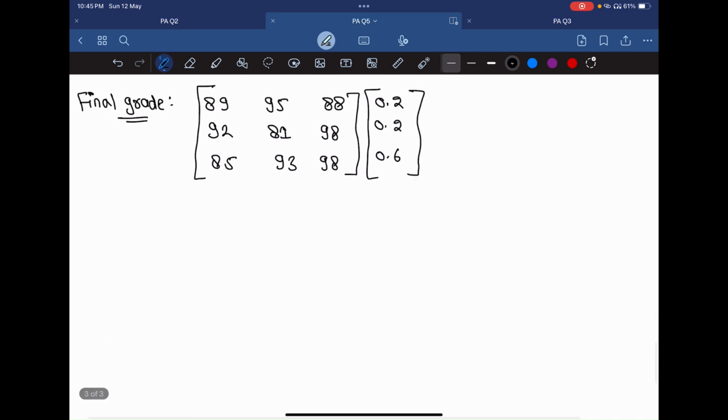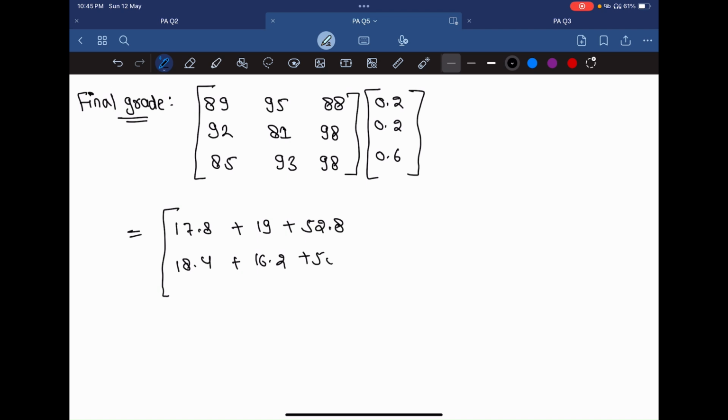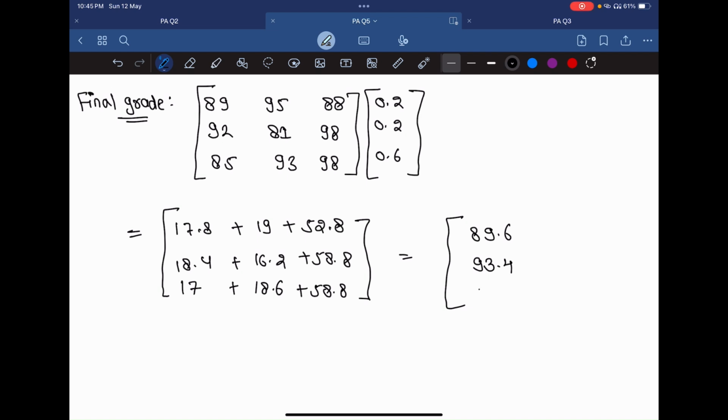Now when we do the calculation, so we get 0.8, so it will be equal to 89.6, 93.4, 94.4.